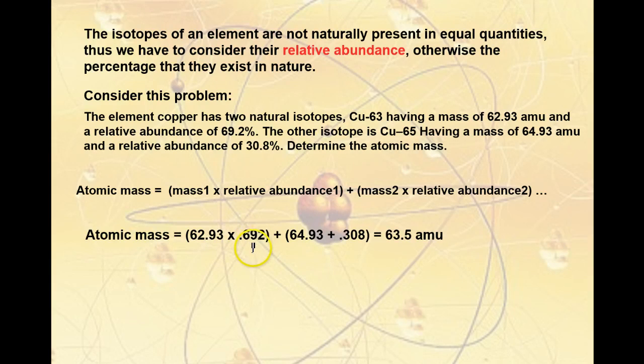You have to divide by 100. So 62.93 times 0.692. And we're going to add that to the mass of copper 65, 64.93, multiplied by its relative abundance, 0.308. And we add those together, and we get that the atomic mass for copper is 63.5 AMU, atomic mass units. And that's how you calculate a weighted average atomic mass for any element on the periodic table.